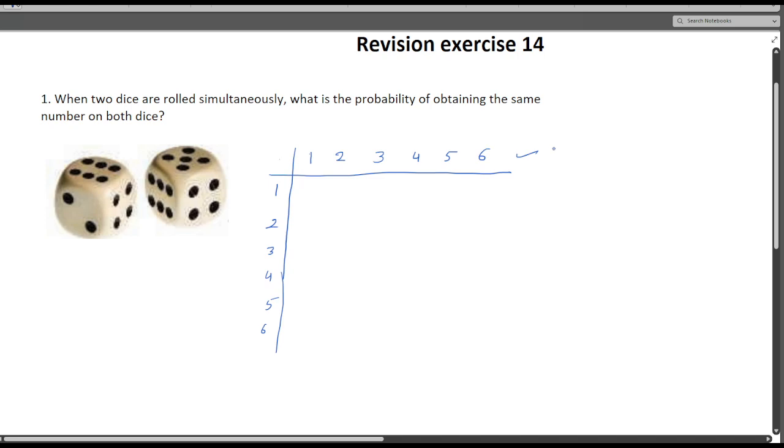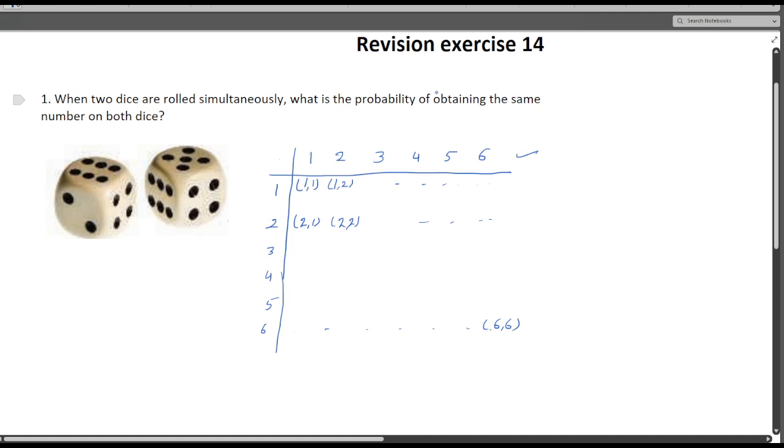So suppose when I roll these two dice, my result could be 1, 1, or it could be 1, 2 and so on. And vertically if I go, the result will be like 2, 1, 2, 2 and so on. So like this, you will see that there are total 36 different options which we will get.